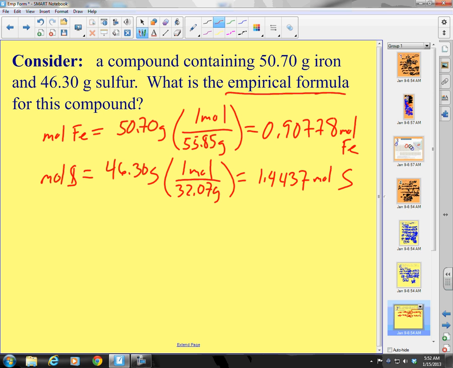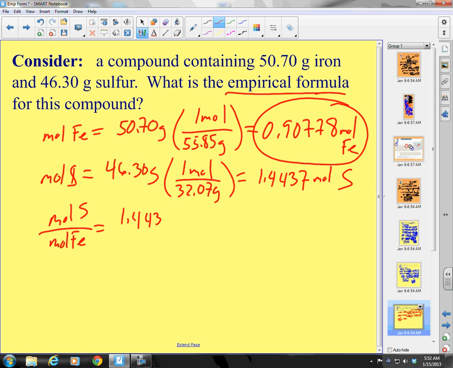Now I want to set up my ratio. Well, what's going to go in the bottom? The one that's the smallest, which is iron. So we want to set up a ratio of moles of sulfur per mole of iron, meaning I want to take 1.4437 moles of sulfur per 0.90778 moles of iron.